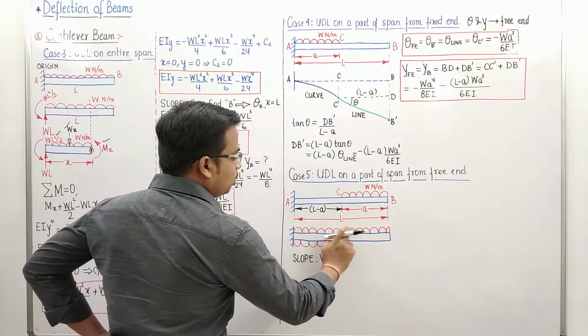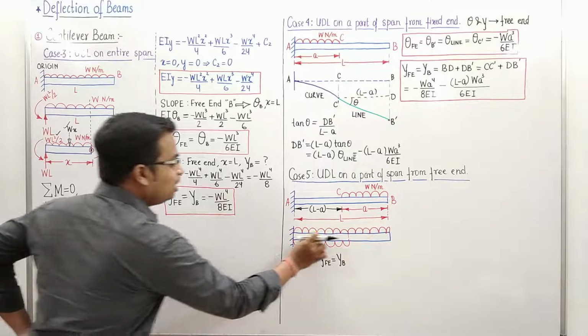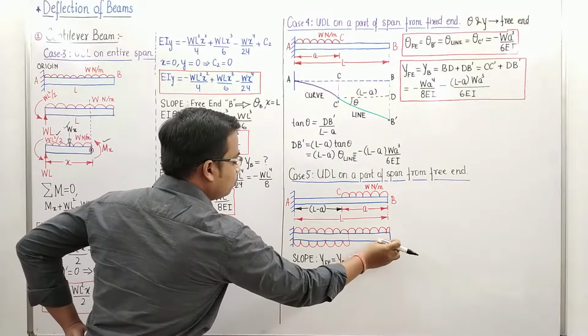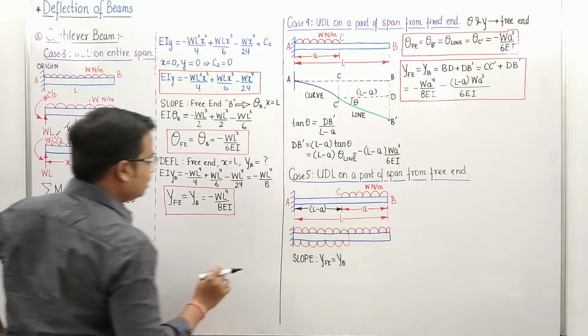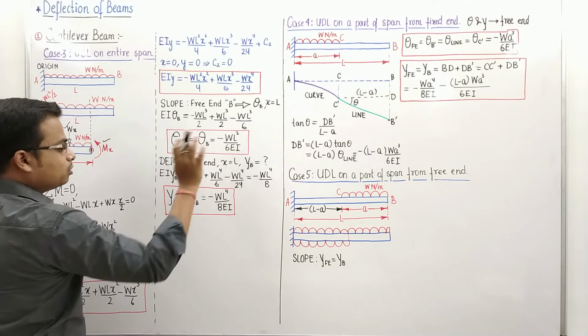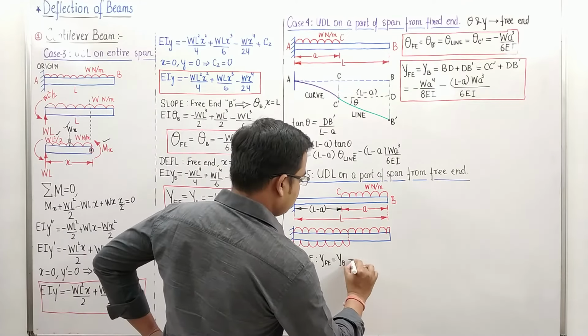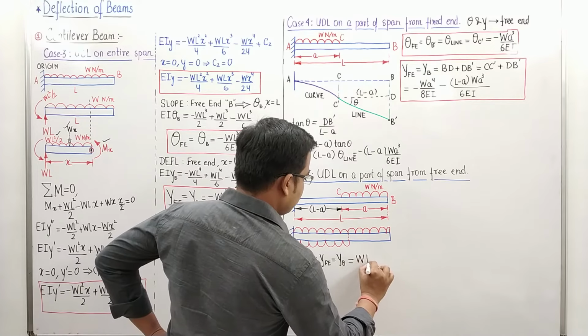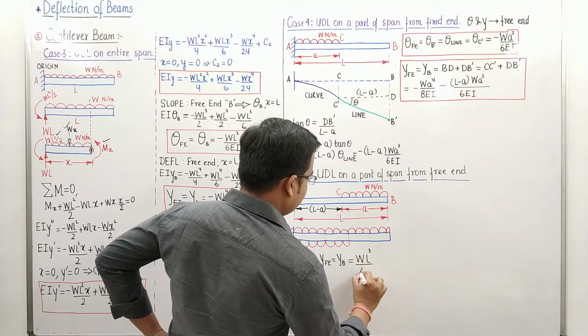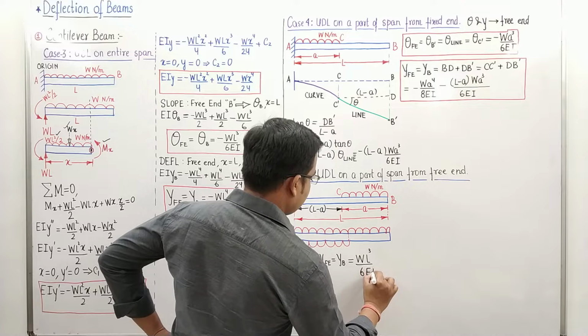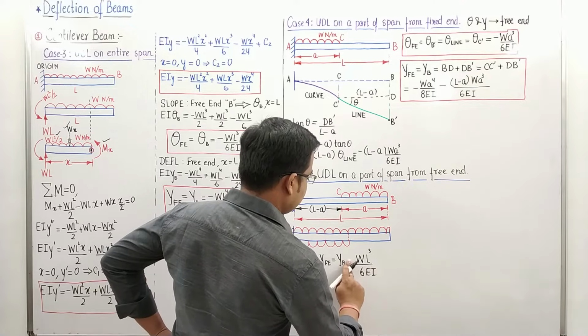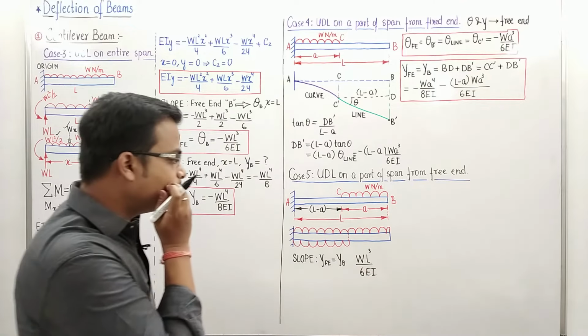So just take a look at this. If there is entirely UDL on the total length of the cantilever, in that case the slope is going to be WL cube upon 6EI, isn't it? Right? So that's going to be WL cube upon 6EI. Just deal with this in magnitude wise.